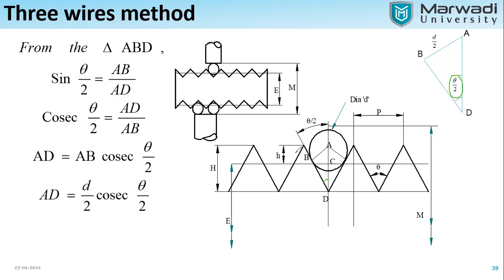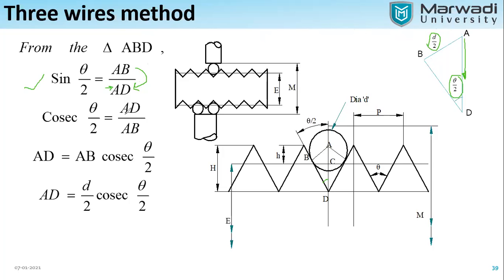The AB distance is the radius of the wire, which is d by 2, that we know. So we easily get this vertical distance. Why are we finding AD? Because we want the vertical distance. Here we just have to apply sine theta, because we want the hypotenuse and the opposite side is available with us. So sine theta by 2 is equal to AB upon AD. And we just want the AD distance, so I have reversed the formula.